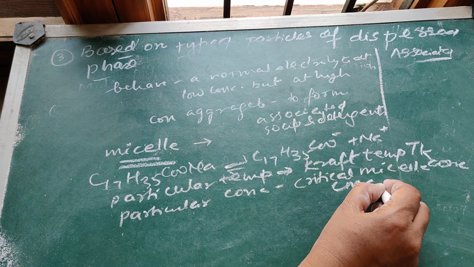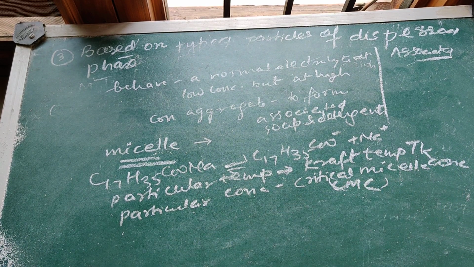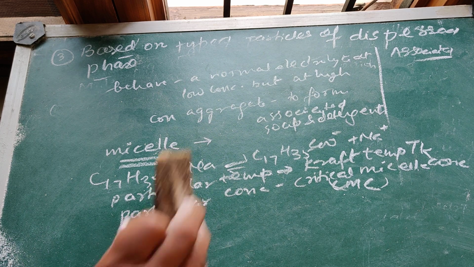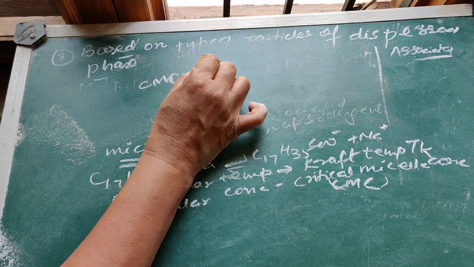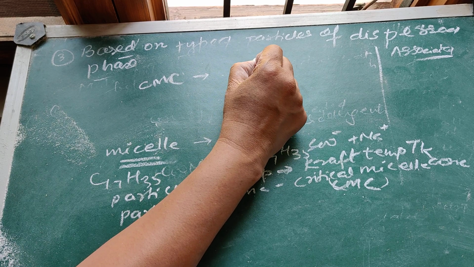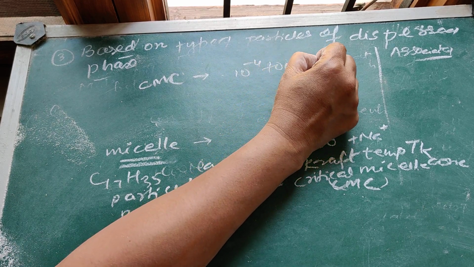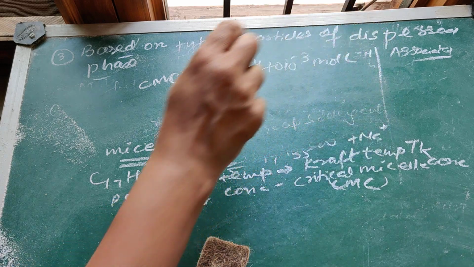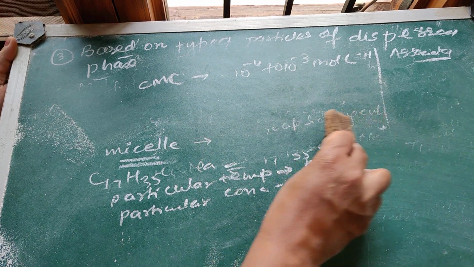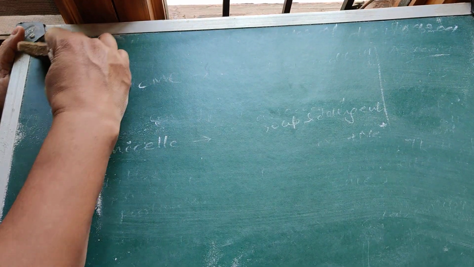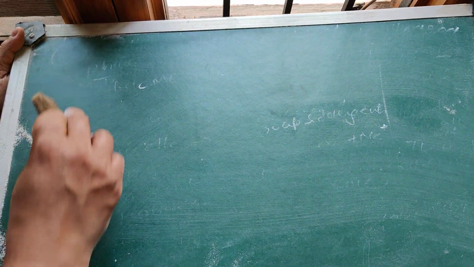The CMC for soap is 10 to the minus 4 to 10 to the minus 3 mole per liter. So this was the classification of the colloids. Three parts you studied. I hope you have understood it.